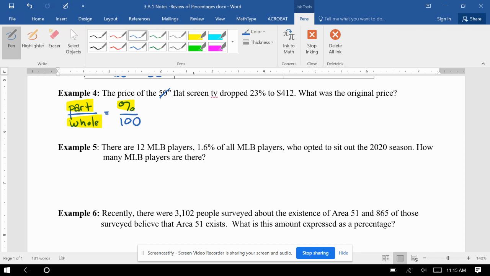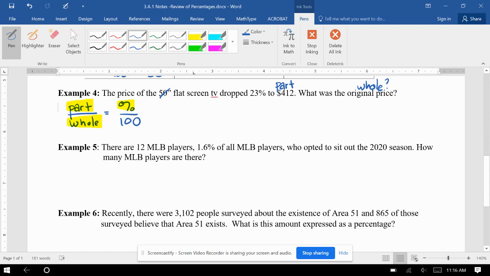So just be careful. Okay, so what we want to know is what the original price was. So that is the total or the whole price before the sale happened. Okay, so what it's giving us is part of the price, what it now is when it's on sale. So we don't know the whole price, we know the part price.